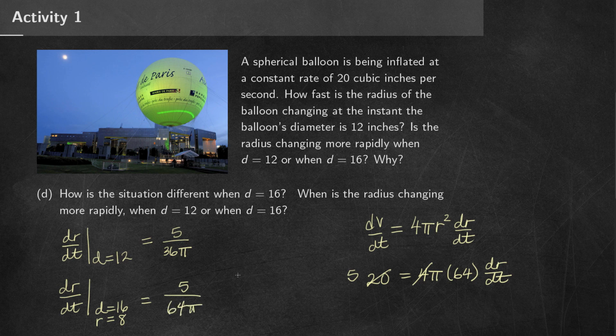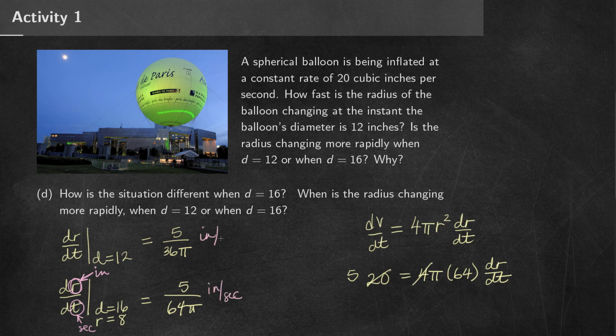And let's put units on this value. 5 over 64 pi, it's dr dt. And so my units will be the units of r, and r is measured in inches, per the units of t. T is measured in seconds. So my units are going to be inches per second.